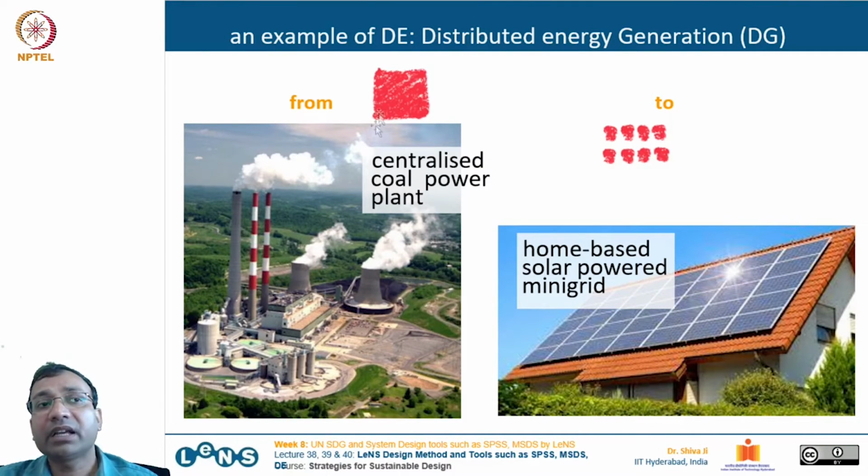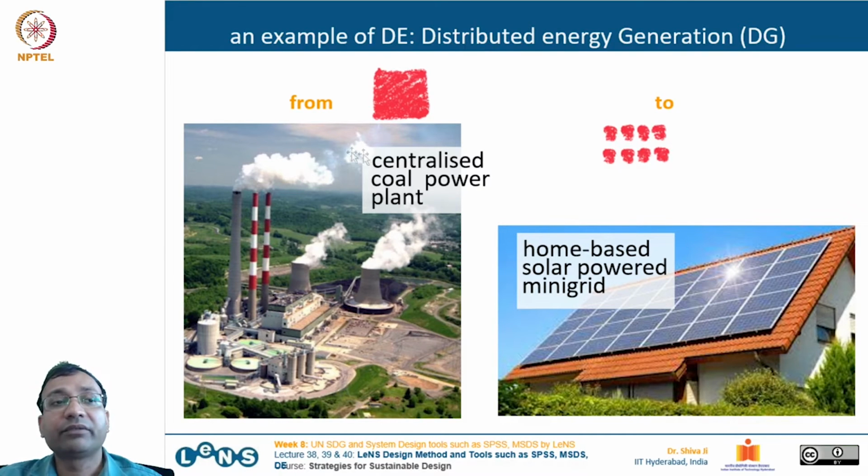For example, we have centralized power plants, like a coal based power plant, or maybe hydroelectric power plants, or nuclear power plants, and so on. They generate a huge quantity of power and supply a larger area. But compared to this, if we go for smaller power generation units, for example home based solar power grids, or neighborhood based power generation grids, or a city based power generation network, the impact will be lesser.